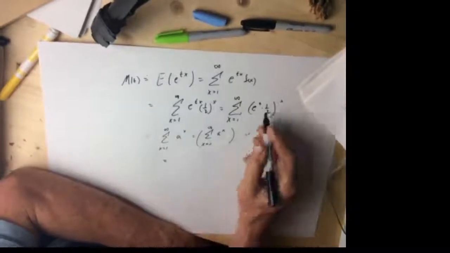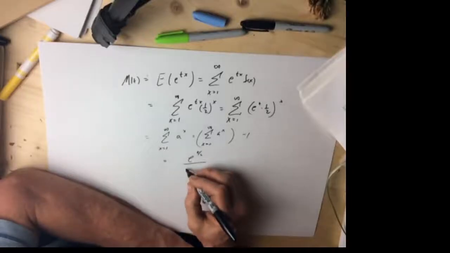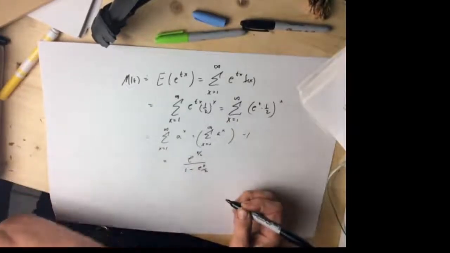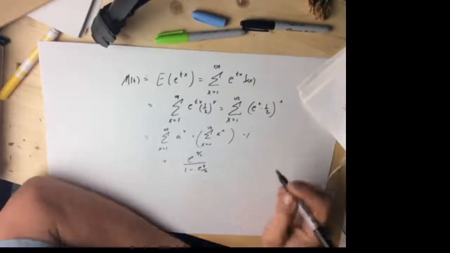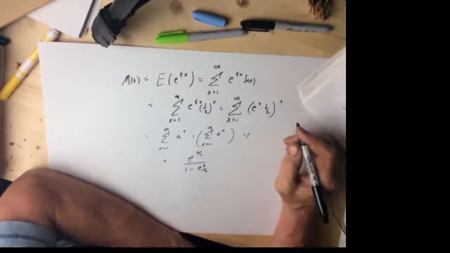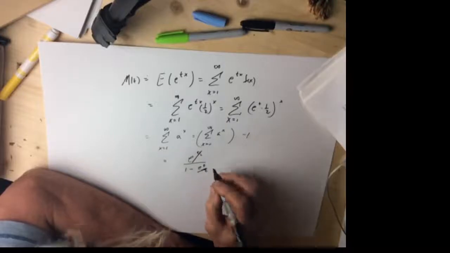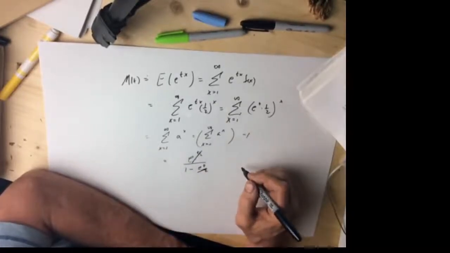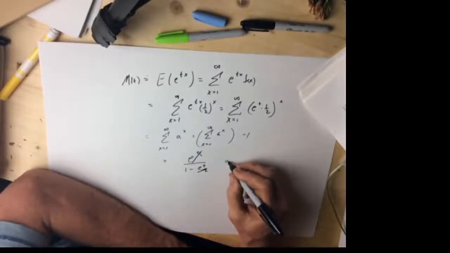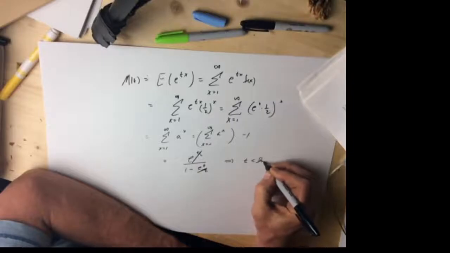I leave it to you guys: when a equals e to the t over 2, you get e to the t over 2 over 1 minus e to the t over 2. Now, it does require, though, that this geometric series have a very specific allowable value. It does require that the a has the right value, and in order for this to converge, you have to have t less than log 2.